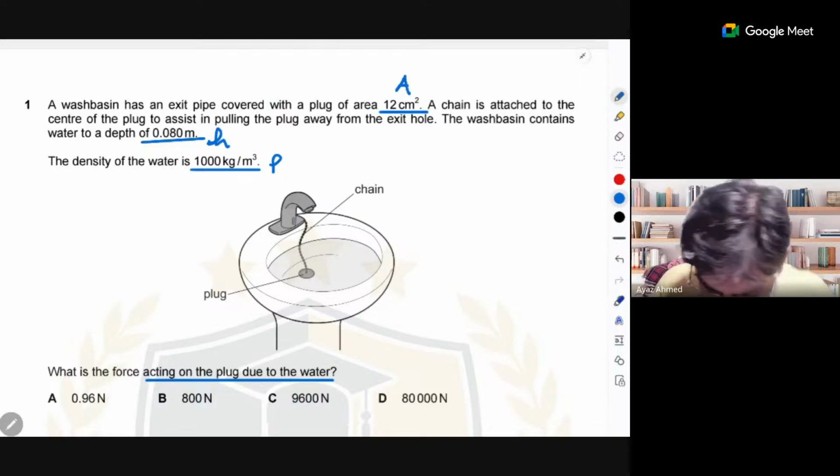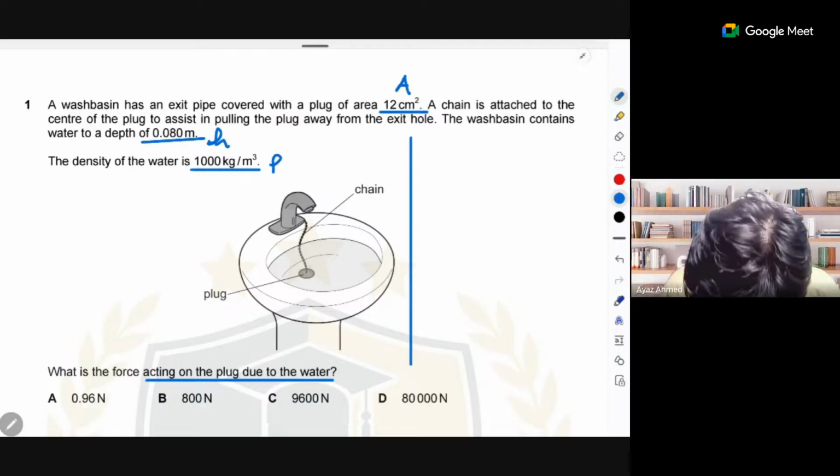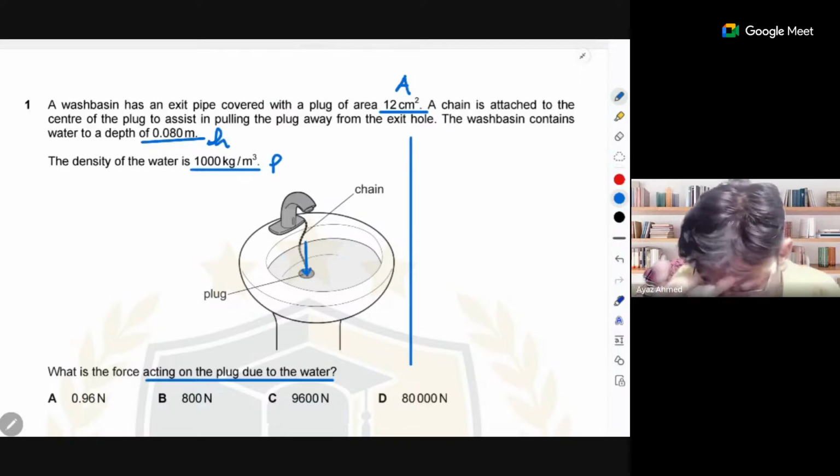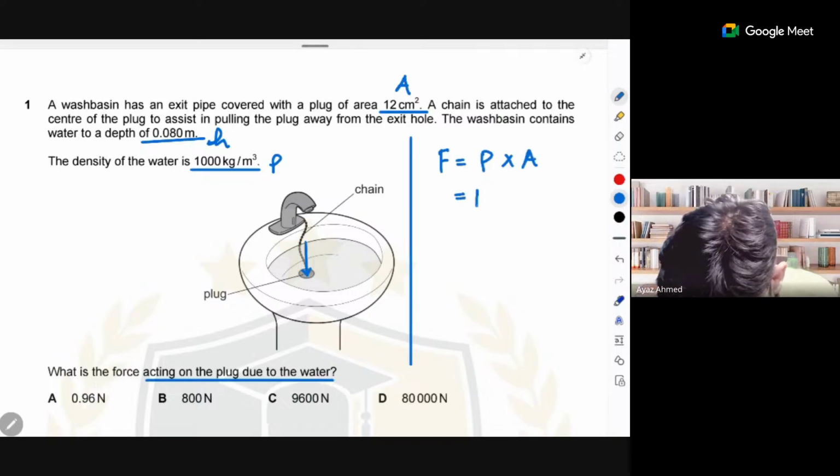So the solution of this question is, you have to figure out the force acting at this point. Force is equal to pressure times area, and that pressure is the liquid pressure, rho gh, into area.